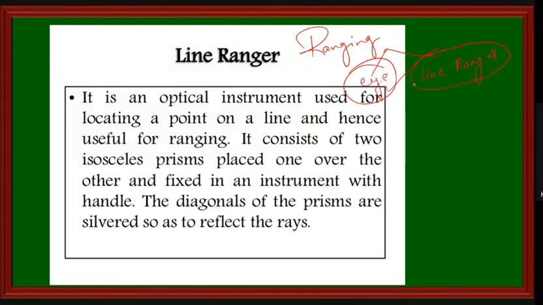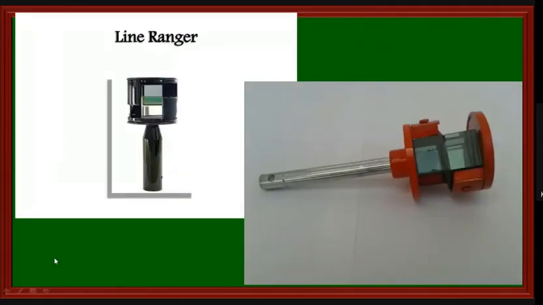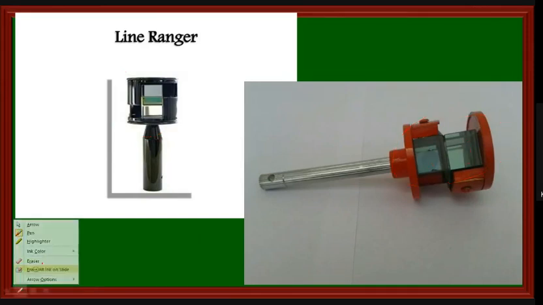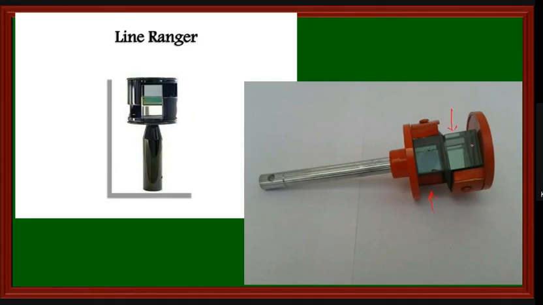What is a line ranger? First, I will show you the figure. This is the line ranger. Here we can see we have two mirrors. It is fixed on a ranging rod, below this one.